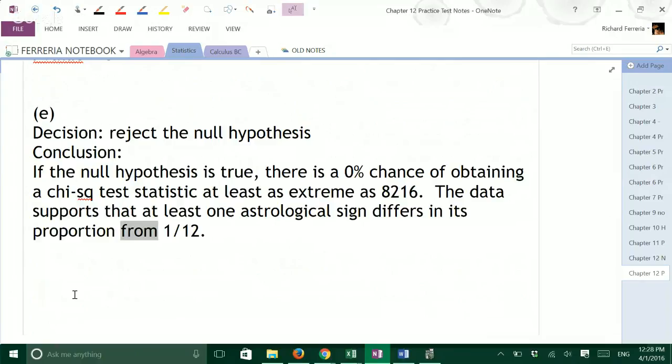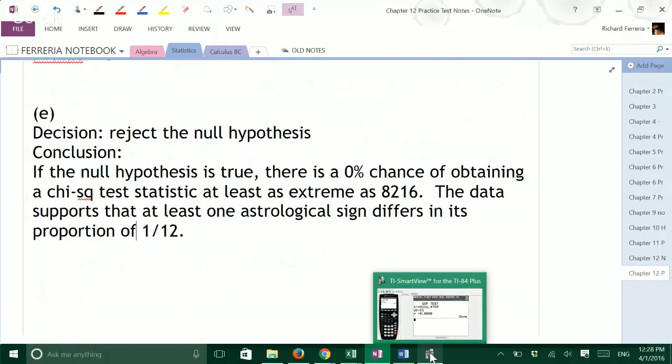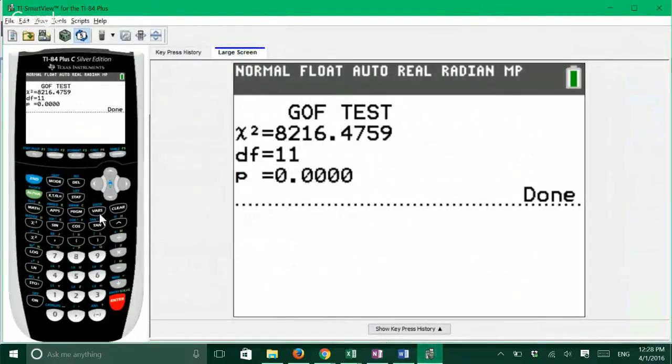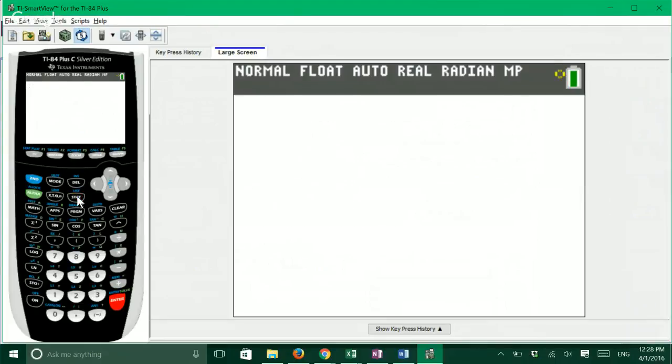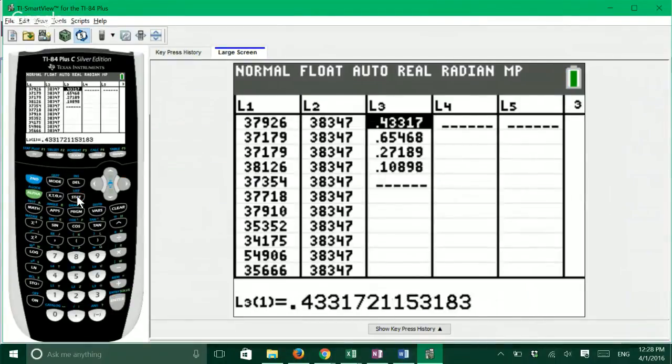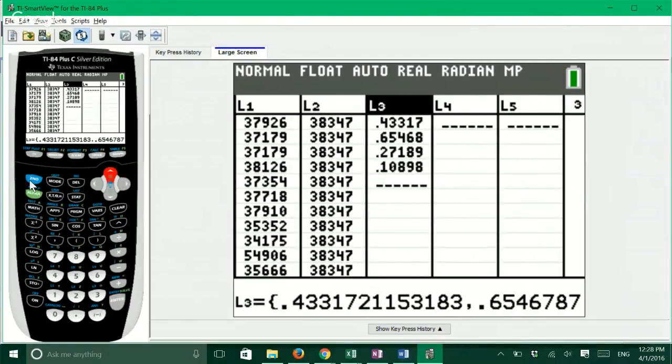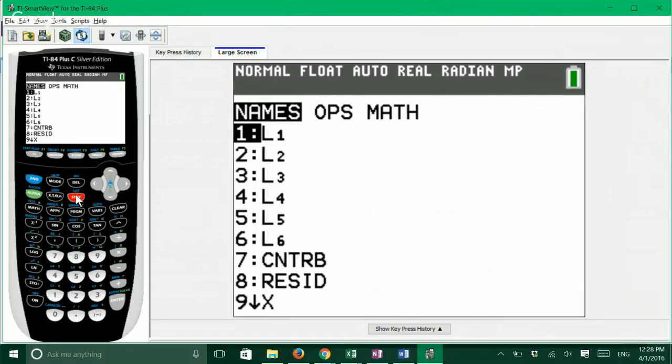I think you have to go to list 3 and make it equal to the contribution list. So I think we should do that now. If we go to stat, edit, we can go to the top of L3 and make that equal to list contribution number 7.